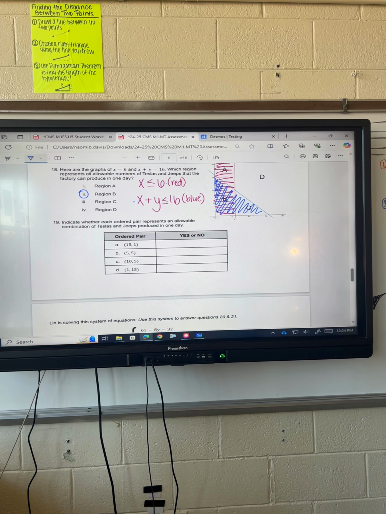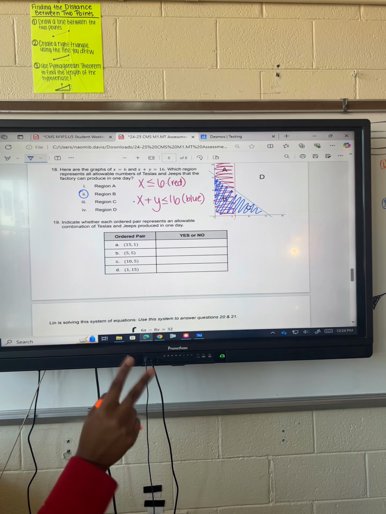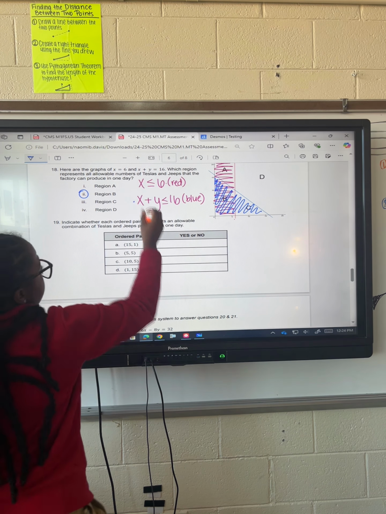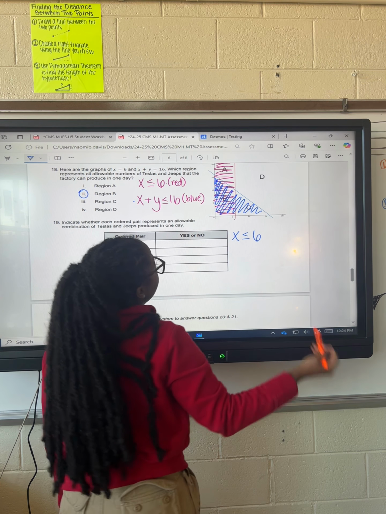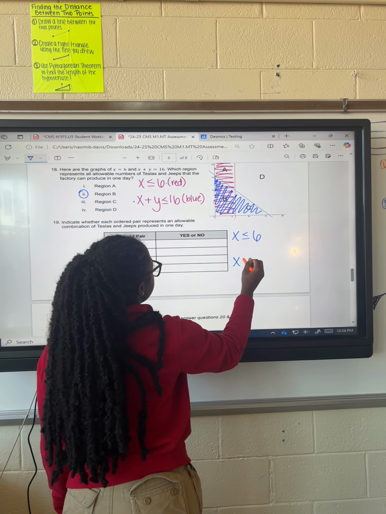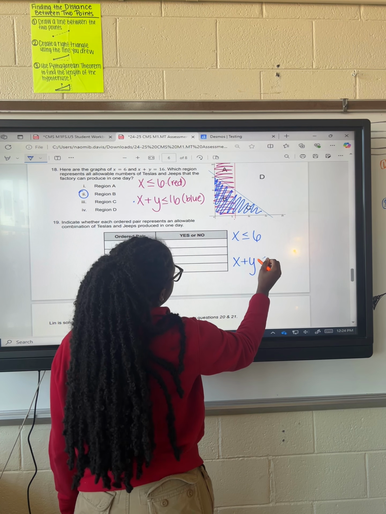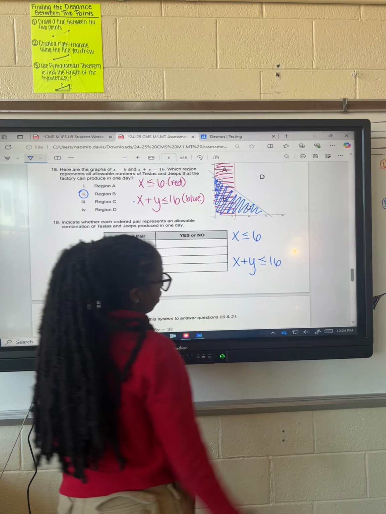Indicate whether each ordered pair represents an allowable combination of Teslas and Jeeps produced in one day. So we have two rules. We got one that says X has to be less than or equal to 6. And then we have another one that says X and Y combined has to be less than or equal to 16. Okay?